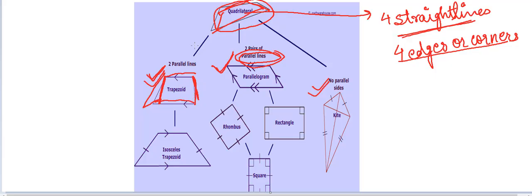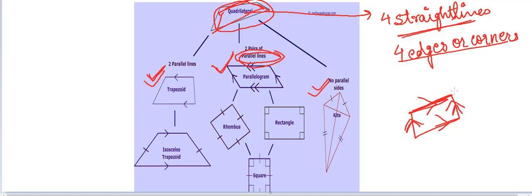The next shape we have is a parallelogram. Parallelogram basically has two pairs of parallel sides. The very first pair is this, and the second pair is this and this.